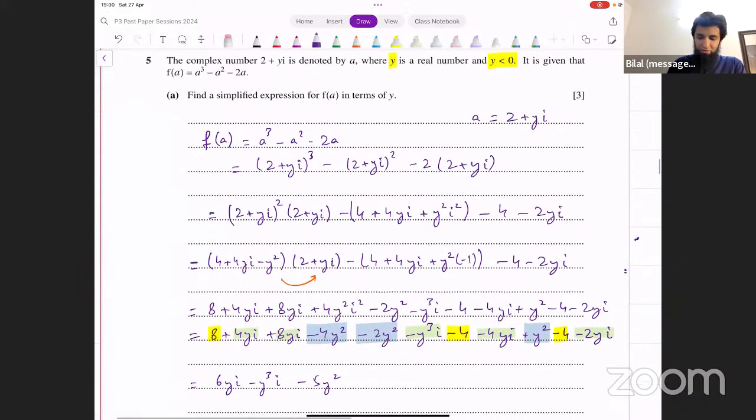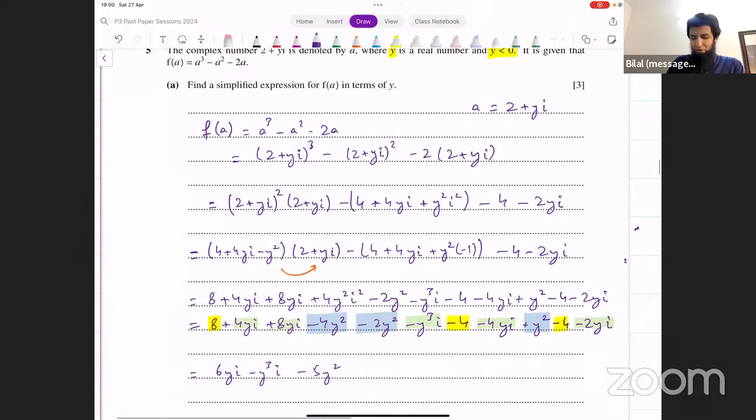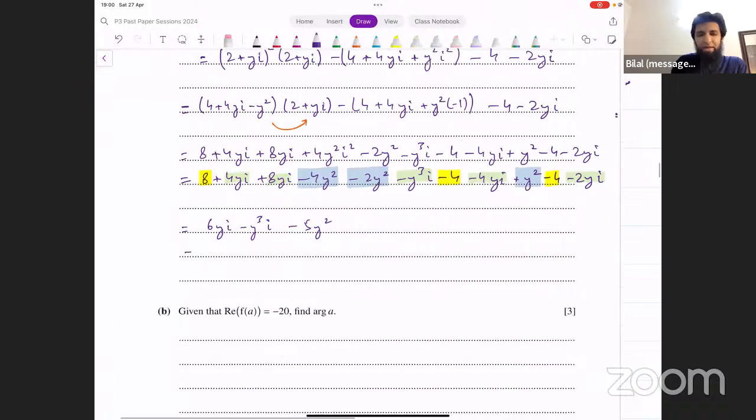They wanted us to write this in simplified form. You can write it like this, or if you want to write the real term separate, imaginary term separate, generally what we do is we write the real term first. That becomes minus 5y squared, and then the imaginary term together, the whole thing that has iota with it together.